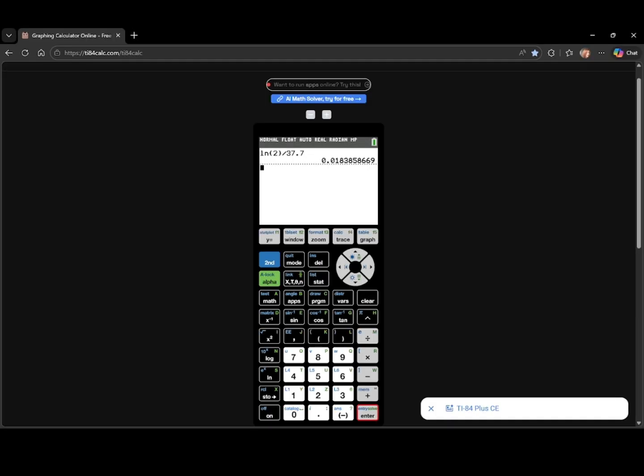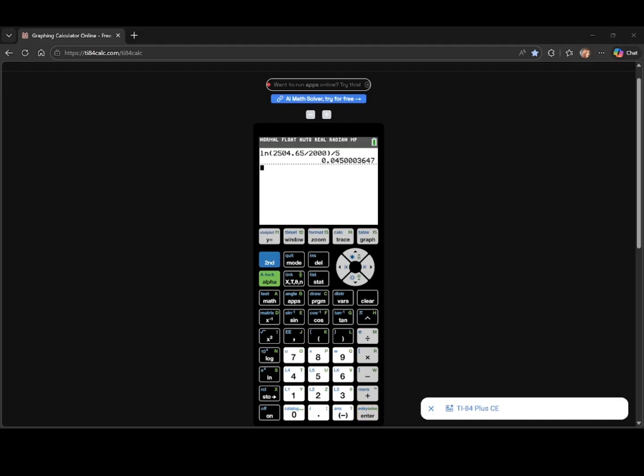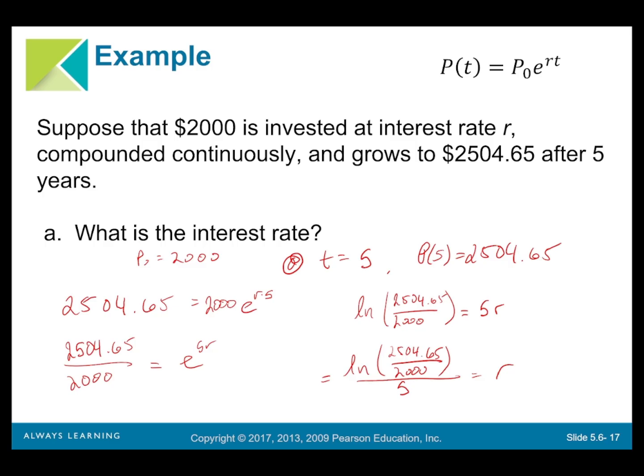Calculator, we had natural log of 2504.65 divided by 2,000. Close your parentheses, then we divide by 5, and we get 0.045. Alrighty, that is our growth rate, 0.045.